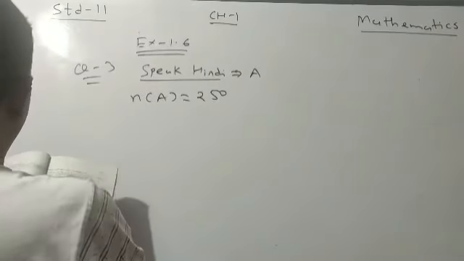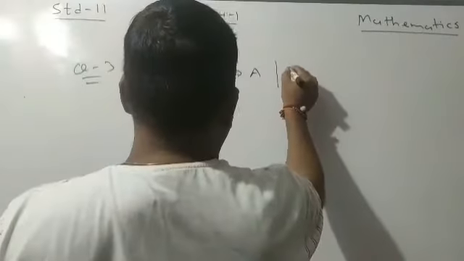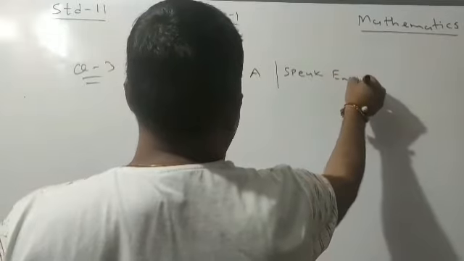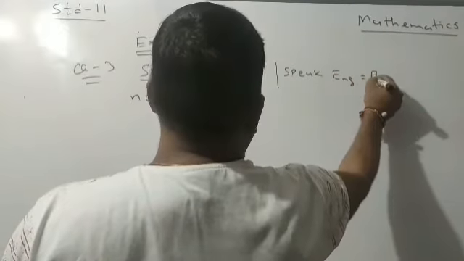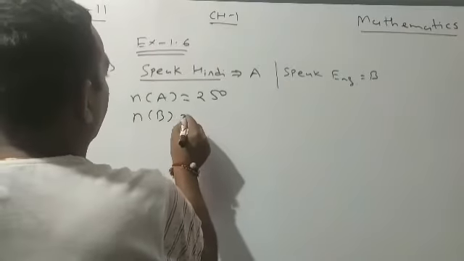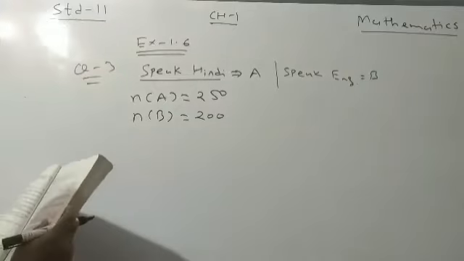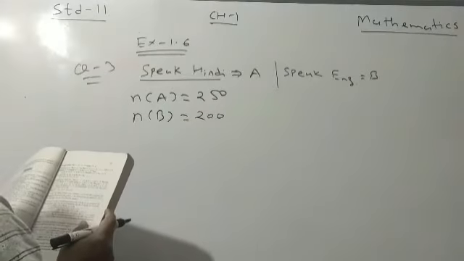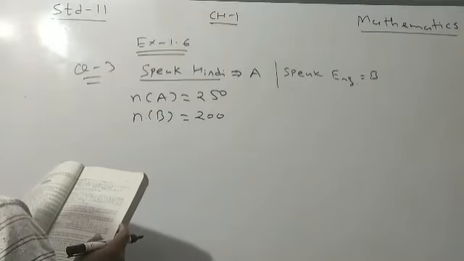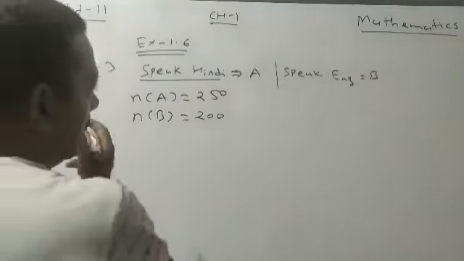In the same way, 200 can speak English, so we write that a person who speaks English is in B. So the number of elements of B, those who speak English, is 200. How many people can speak both Hindi and English?